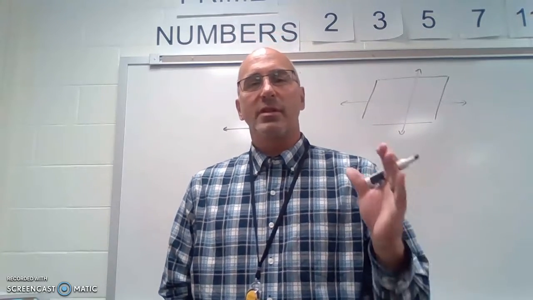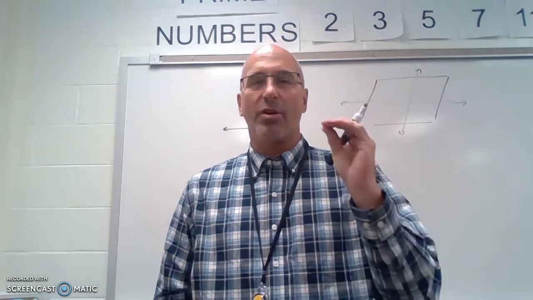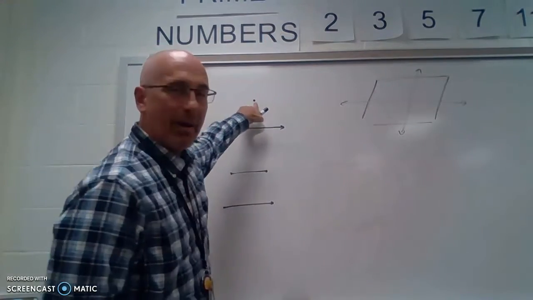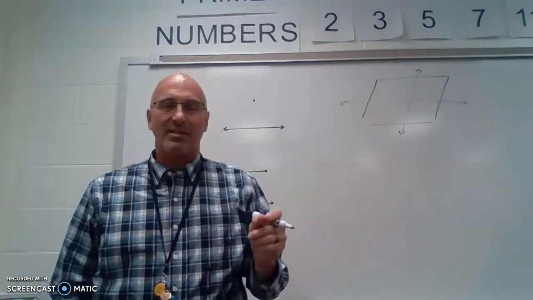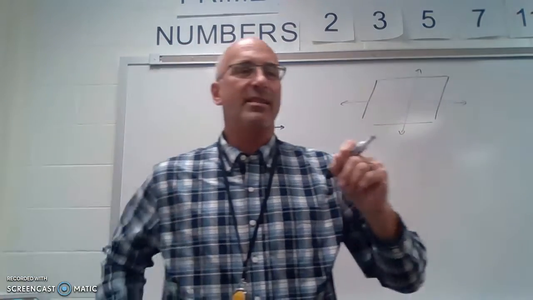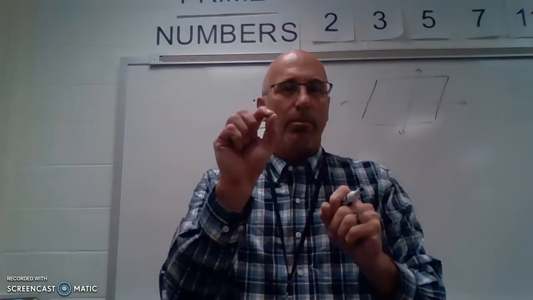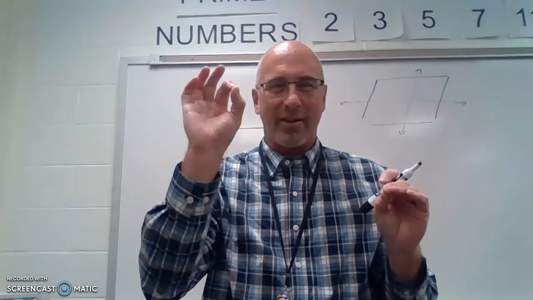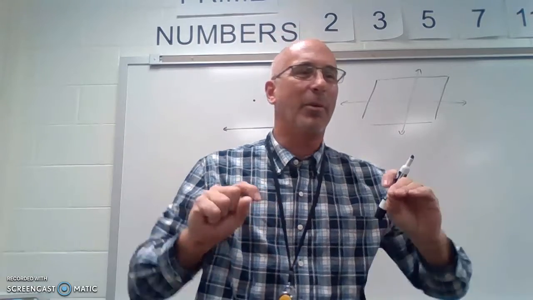The first vocabulary term is called a point, and it's represented by just a dot, okay? And this dot is just one point, one place in all of space, and it's very, very small. You almost can't see it, okay?